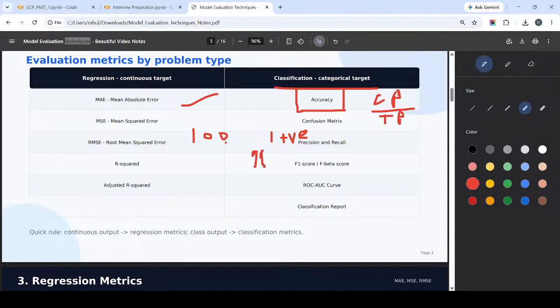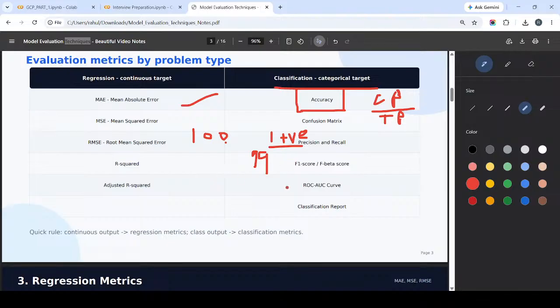Suppose we have created a very naive, very easy model, and what that model does is it just says that the patient does not have cancer. So even if a positive patient comes, the model will tell that they do not have cancer.